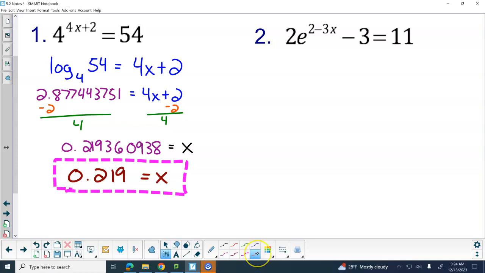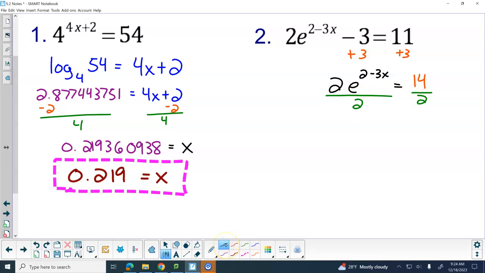Over here, first thing I'd have to do is add 3 to both sides. That gives me 2 e to the 2 minus 3x power equals 14. Then I would have to divide both sides by 2.